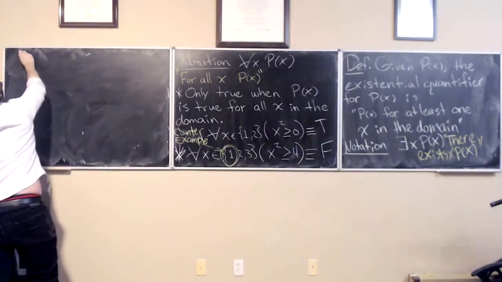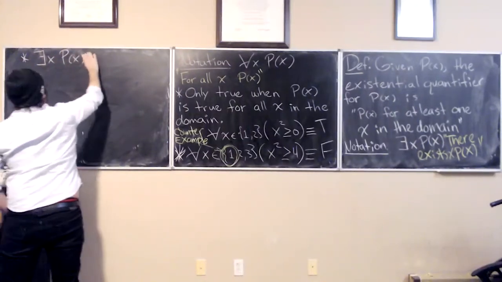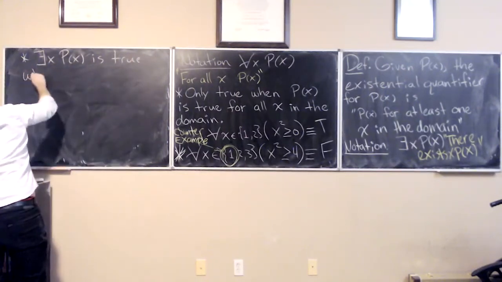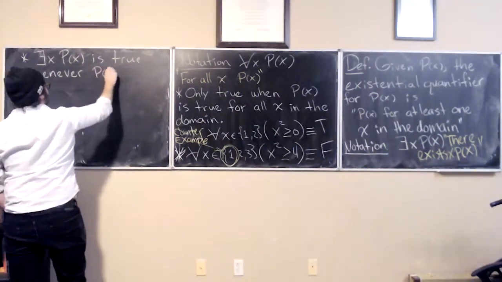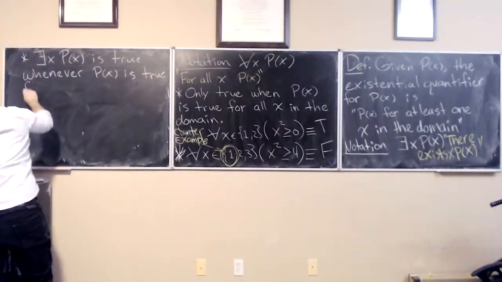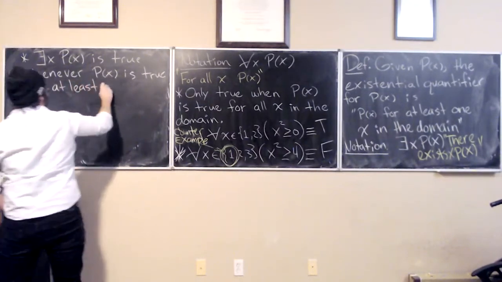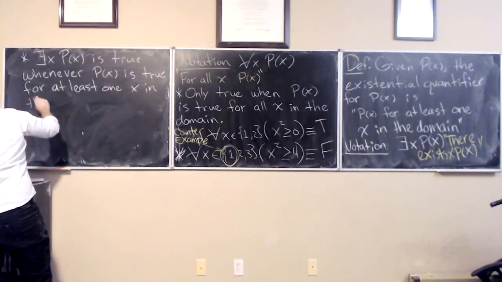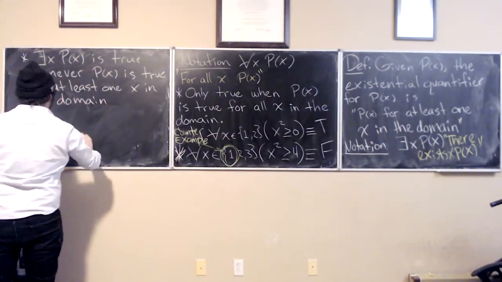There exists x p of x is true whenever p of x is true for at least one x in the domain. Okay.